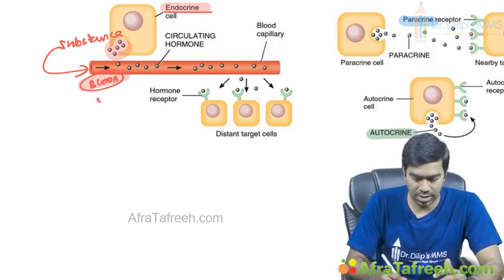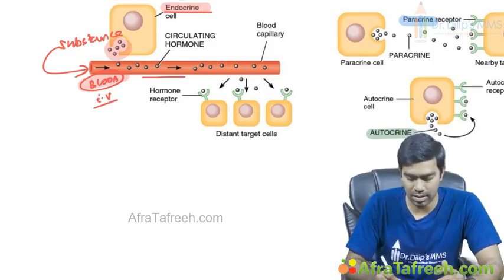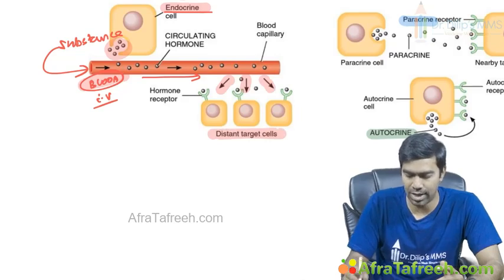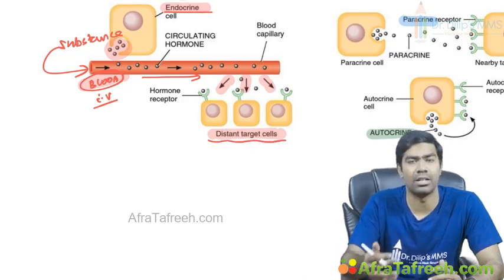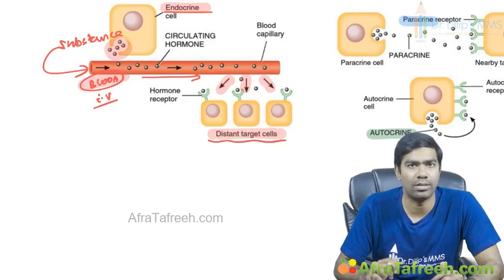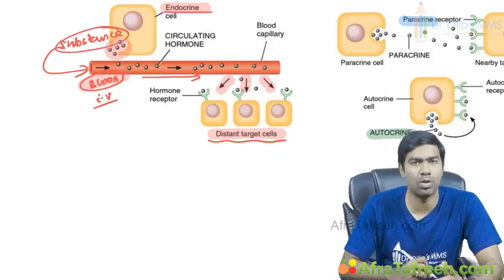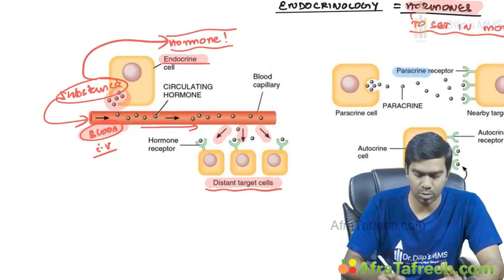So it enters the blood, that is the intravascular compartment. In the blood it travels to some distant area where it is going to exert its action in the distant target cell. So this is what we call the endocrine mechanism of action. And any substance that works by this endocrine principle is what is supposed to be called a hormone.